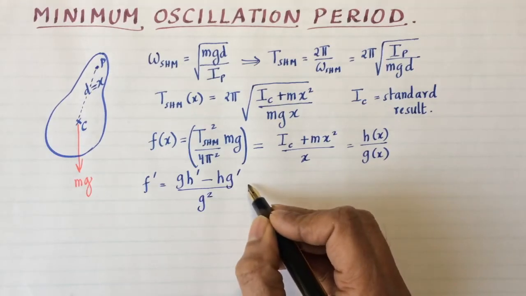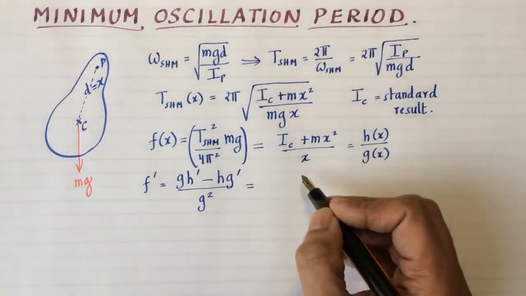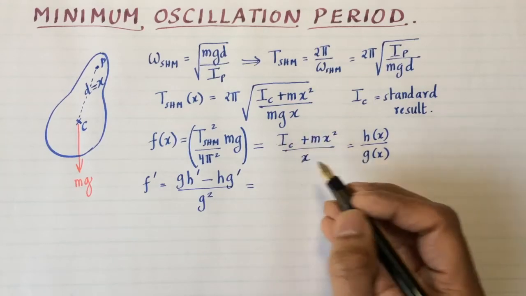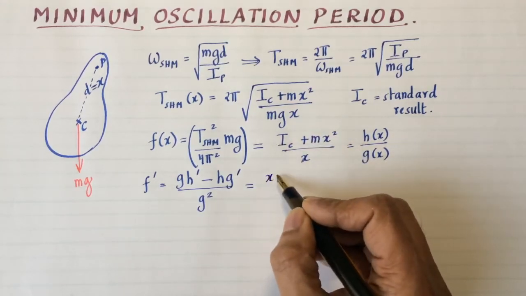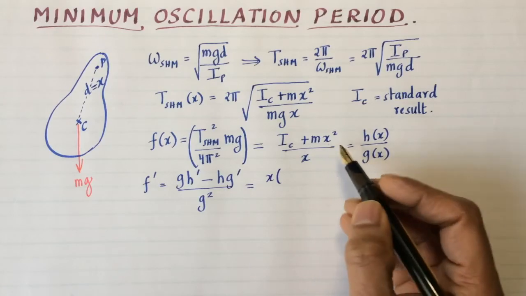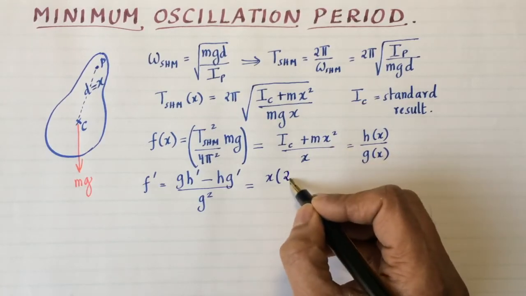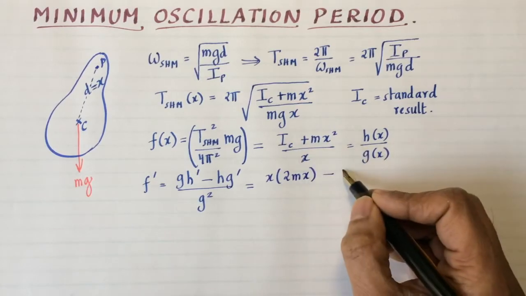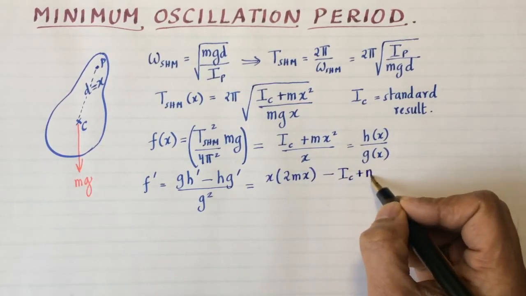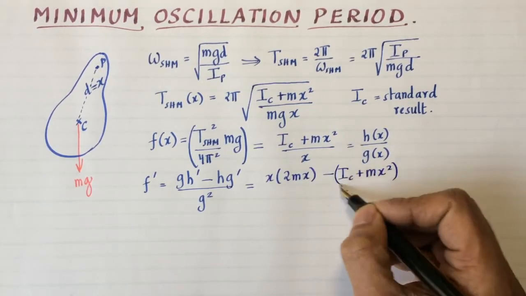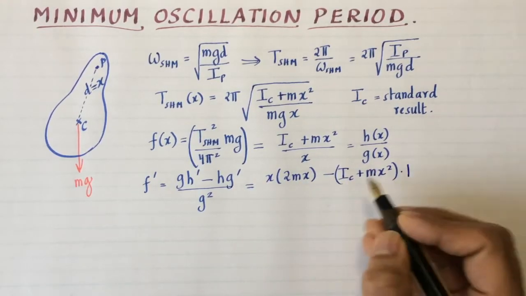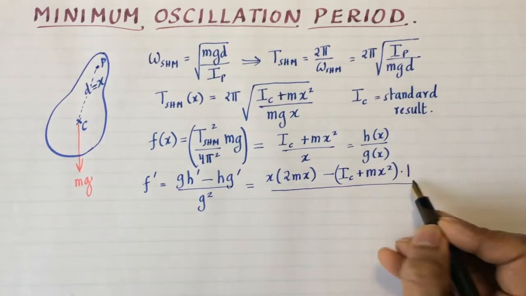So let's find out what it is. g h prime, h would be the entire top part, so that's x times, if I differentiate the top, I'm going to get 2 m x, minus h, which is that expression, times the derivative of the denominator, which is just 1, divided by the denominator squared.